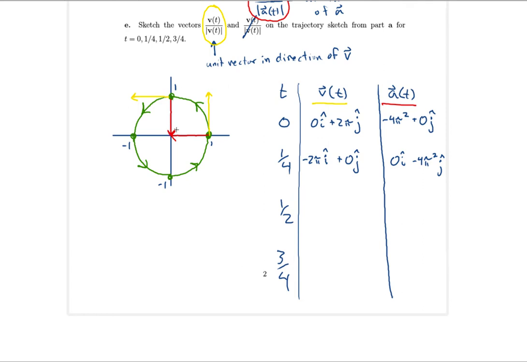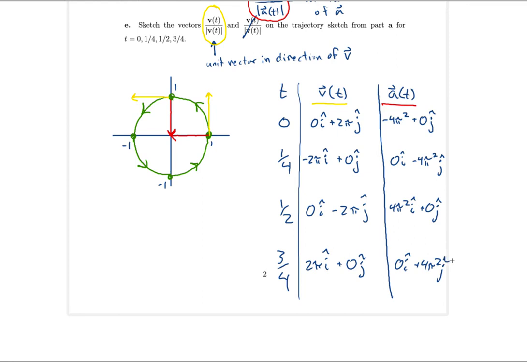All right, and at this point, you could probably guess at what's going to happen with the others. I'll just quickly sketch them out here. 0i minus 2 pi j for the velocity, 4 pi squared for the x, 0 for the y, for the acceleration, and then we'll also do the 3/4 here. 2 pi i plus 0j, 0i plus 4 pi squared j.